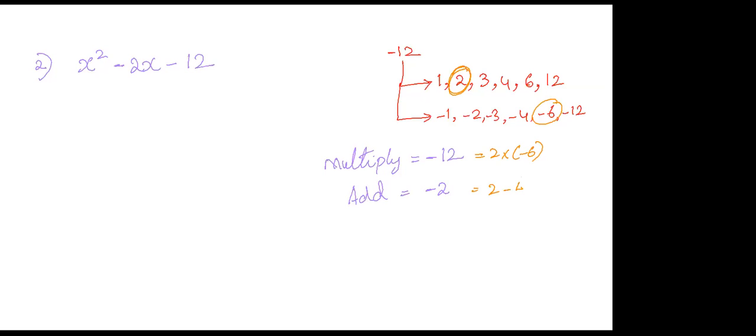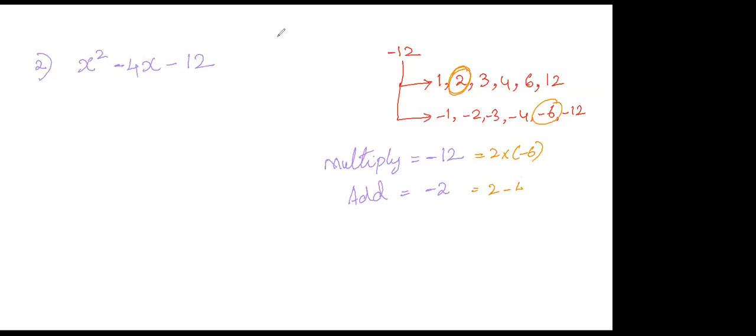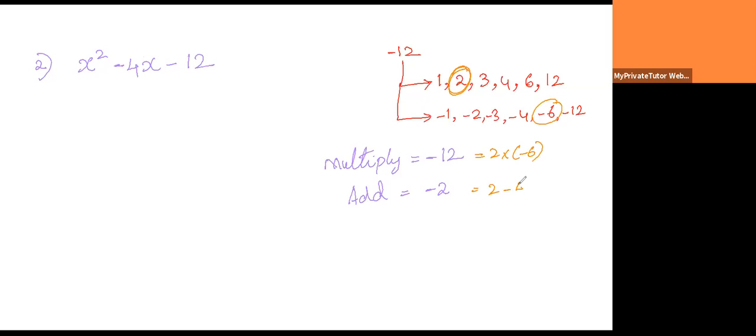Oh, that won't work. Okay, I will change the question then, guys. Sorry, I thought it would work. Okay, let's take a negative 4 here. I just wrote this question by keeping these two factors in my mind.